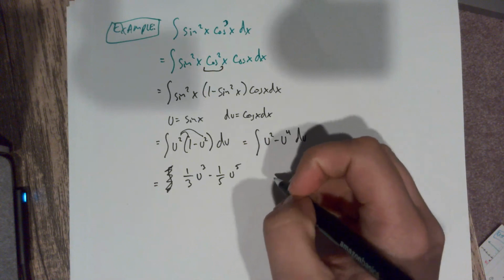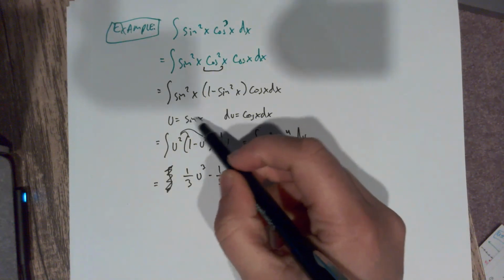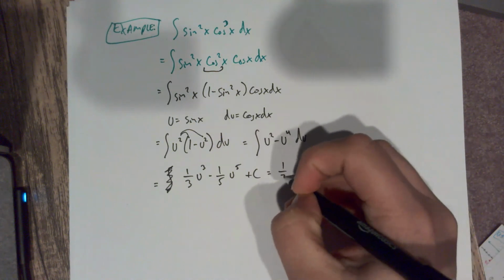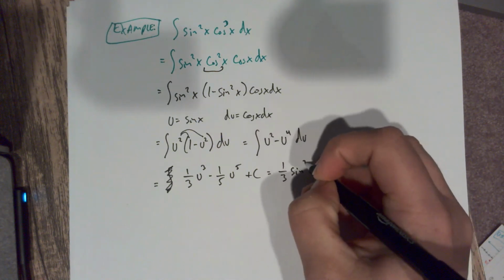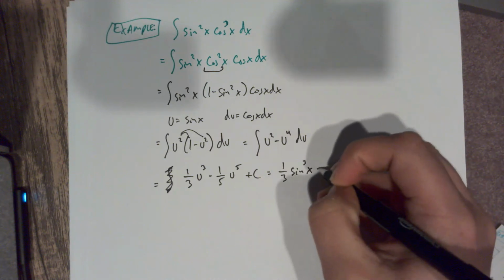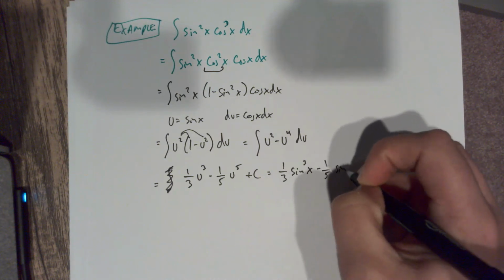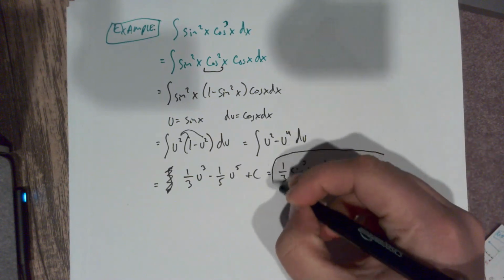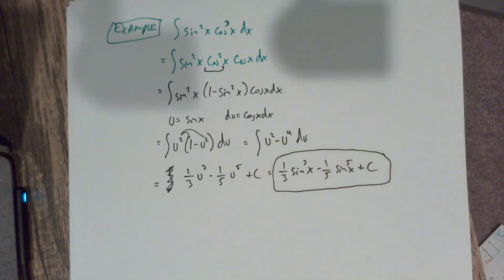But then, back substituting our sine of x for u, we get 1/3 sine of x to the third minus 1/5 sine of x to the fifth plus c for our final answer there.